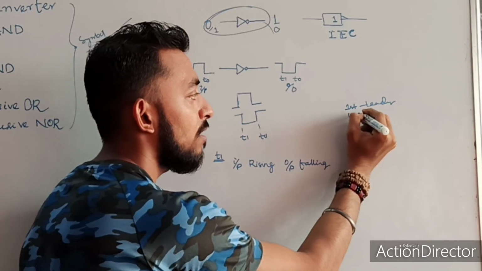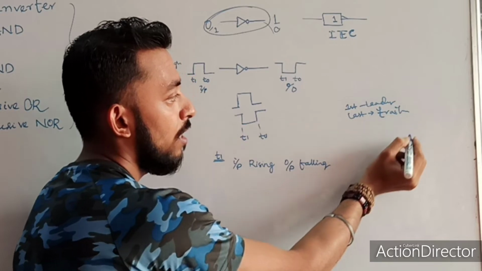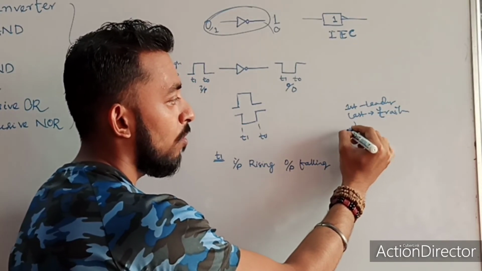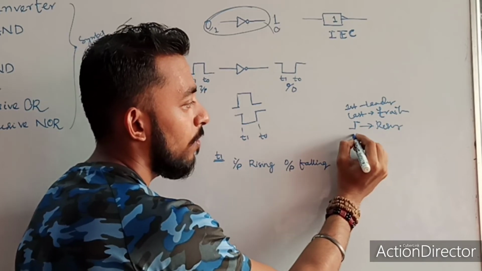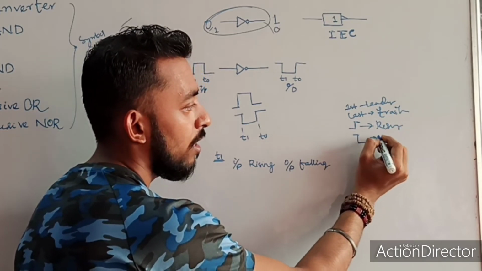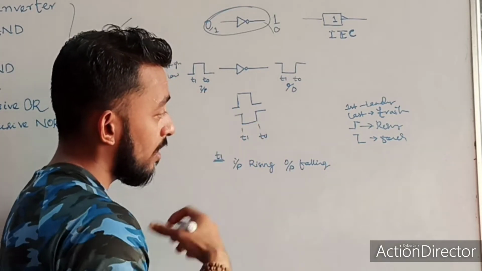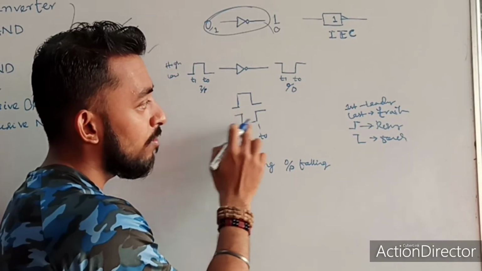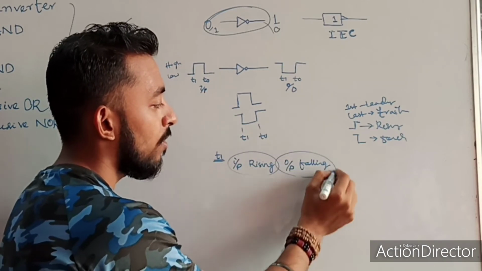When it occurs last, I say trailing. If it goes from low to high, it is rising. If it falls from high to low, it is falling. So at time T1 both are the leading edge because they come first, but my input is rising and my output is falling.